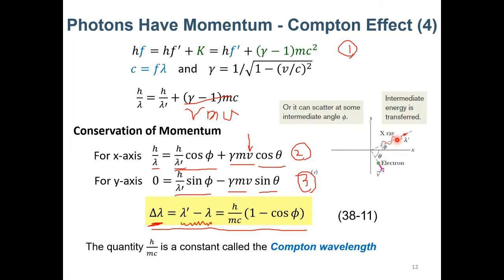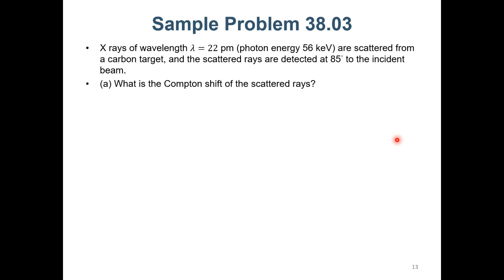If you substitute the mass of the electron, you can find the Compton wavelength for the electron, which is roughly around 2 picometers. You can just use a calculator to find it.